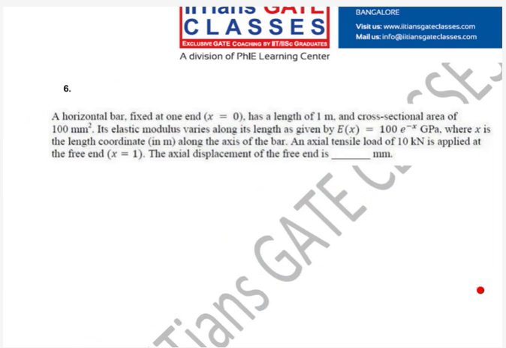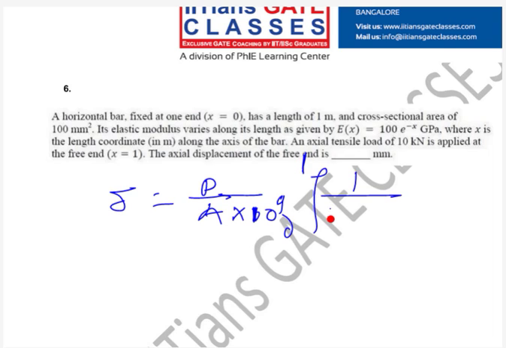Or let me do it here. So my delta will be what? Area is given, right? So it is P by A. I'm converting in Newton per meter square, so it is 10 to the power 9 integral 0 to 1 of 1 upon 100 e power minus x dx.